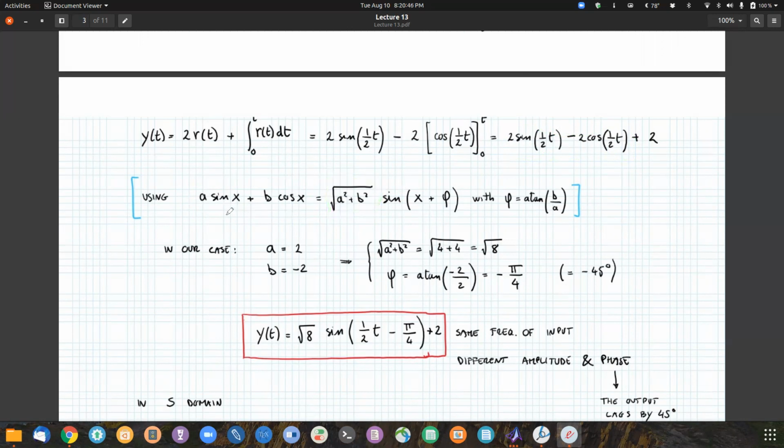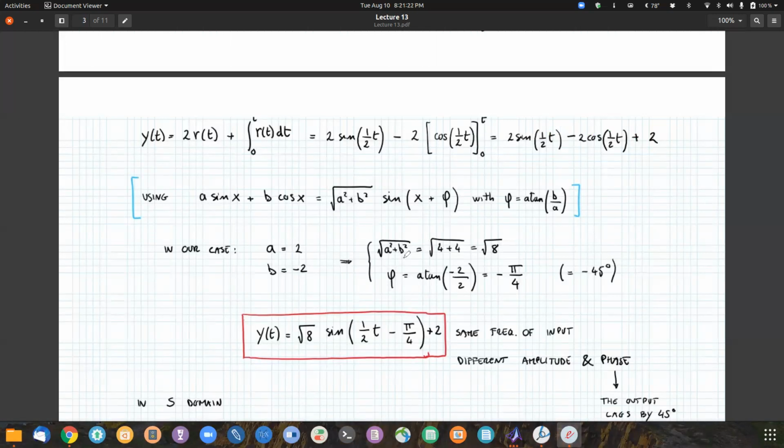So you take the square root of the amplitude of the first sinusoidal squared plus the amplitude of the cosinusoidal squared. And then you also have a phase shift, this angle phi, and this angle is going to be arctangent of b over a. Once again, just make sure that you calculate the correct angle based on the announcement that I made earlier today.